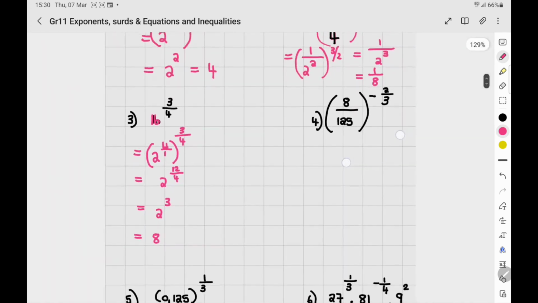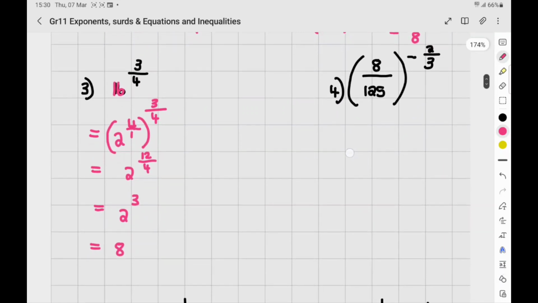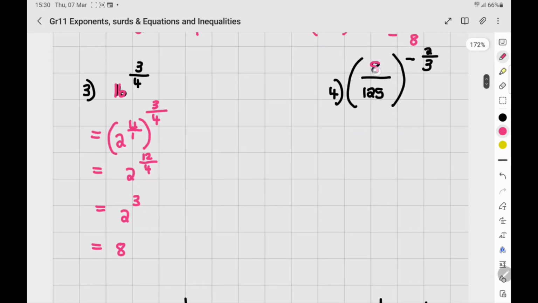Over here again, a fraction. We're going to change both into a product of its primes, and the 8 will become 2 to the power 3, and the 125 becomes 5 to the power of 3, and that all gets raised to the power negative 2 over 3. So if we simplify that, we get 2 to the power 3 times this. Remember, everything inside the bracket is to the power negative 2 over 3.